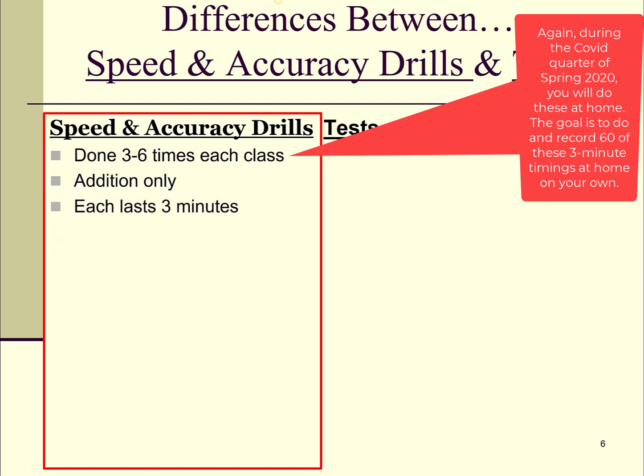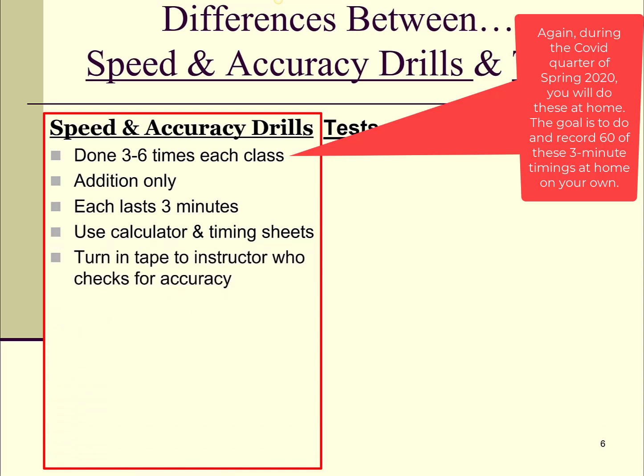And these last 3 minutes each. And to do these, you will obviously need your calculator with the printer, with the tape turned on, and timing sheets, which we'll discuss later in a future video, and they are also found on Canvas.